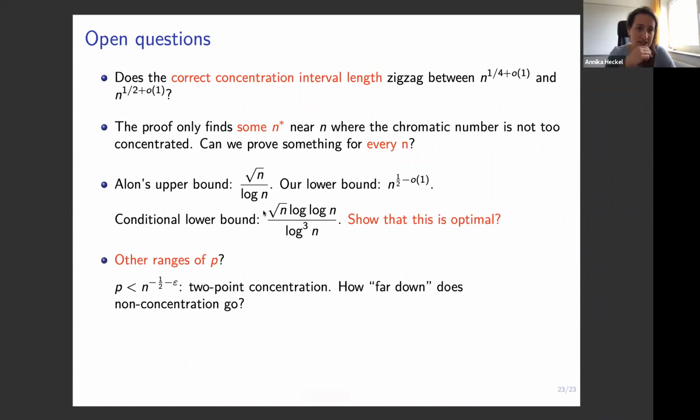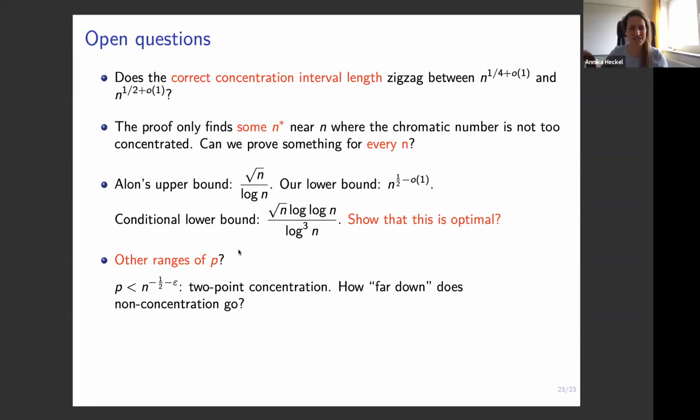And finally, how about other ranges of p? I've only talked about p equals 1/2 here. Now, almost all of these things, or at least the n to the 1/2 minus epsilon result, hold for every constant p, and we've proved it for every constant p.